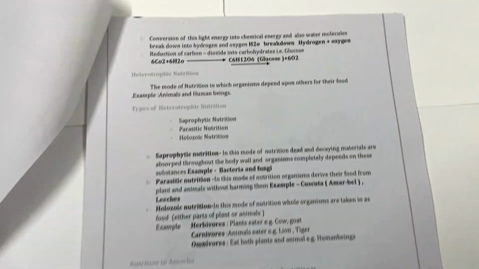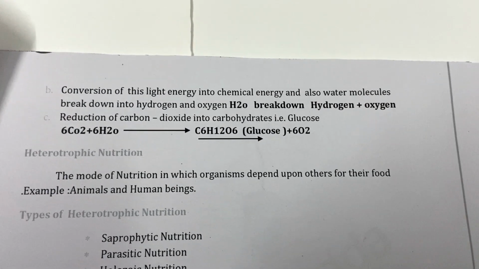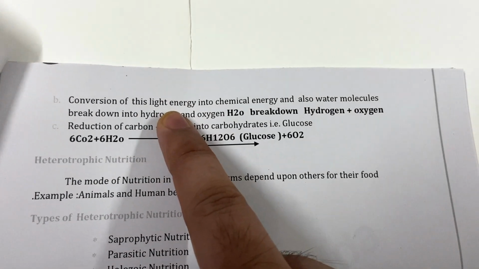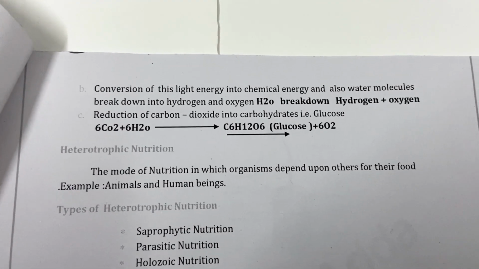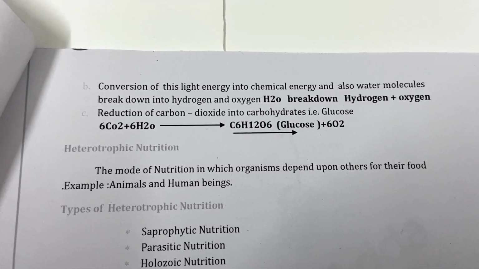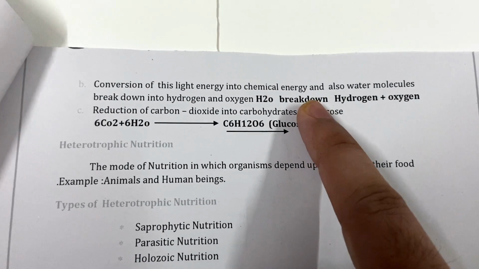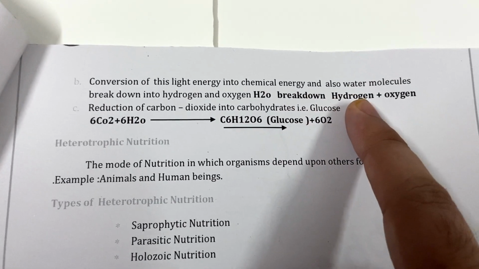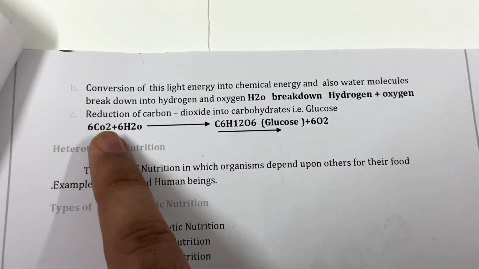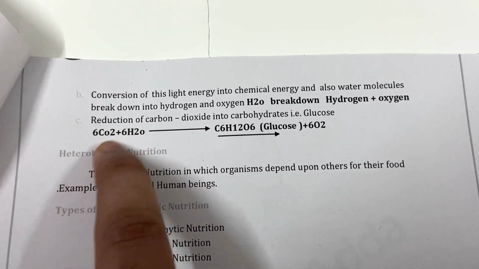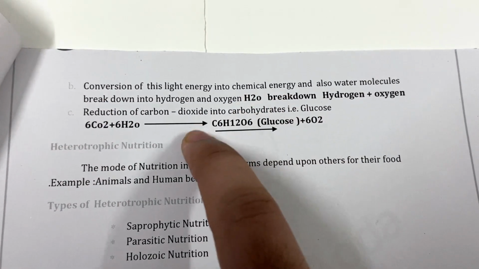The second step of photosynthesis is conversion of this light energy into chemical energy. Now the light energy would be converted into chemical energy and water will break down into hydrogen and oxygen. And the last step in the photosynthesis is reduction of carbon dioxide to carbohydrate.